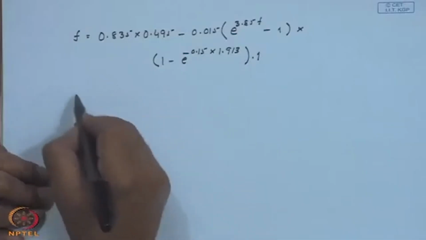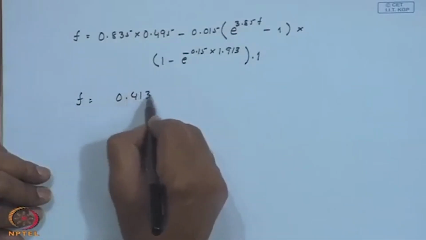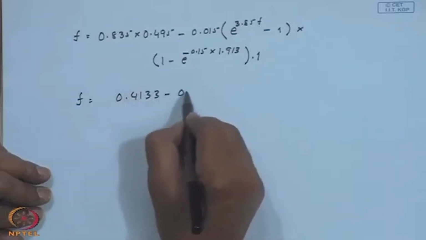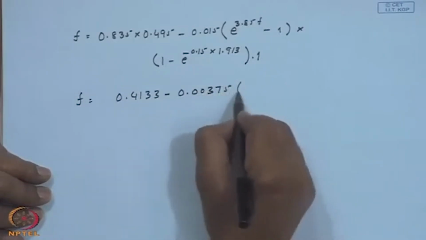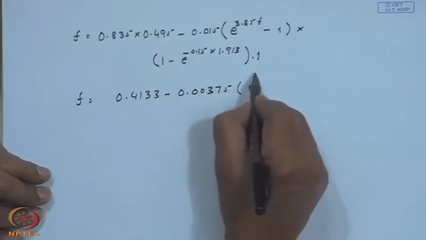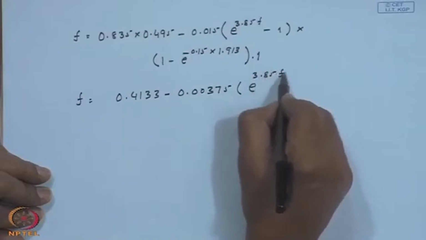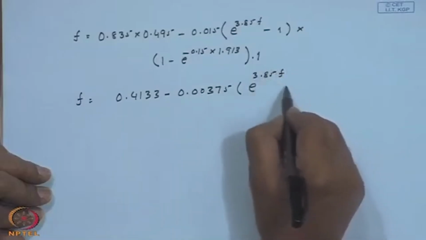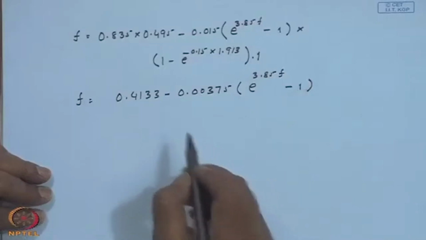So, this F will be 0.4133 minus 0.00375 times e to the power 3.85 F minus 1. Okay.